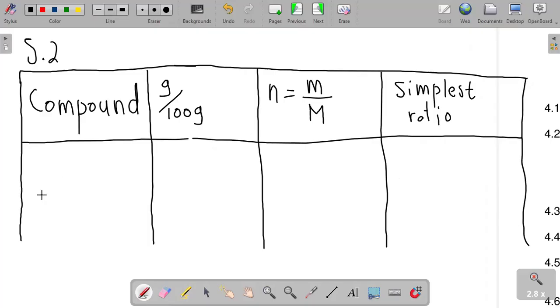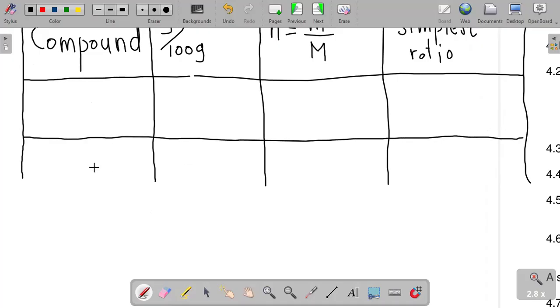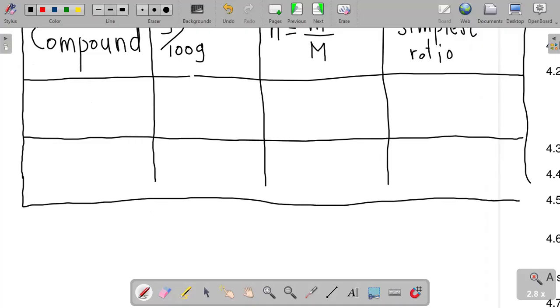So our two compounds, remember I said that for crystallization, there's always 2 compounds only. They can't be 3 or 4. Here I said that it's always H2O here. And then I said that over here, the molar mass is always 18.